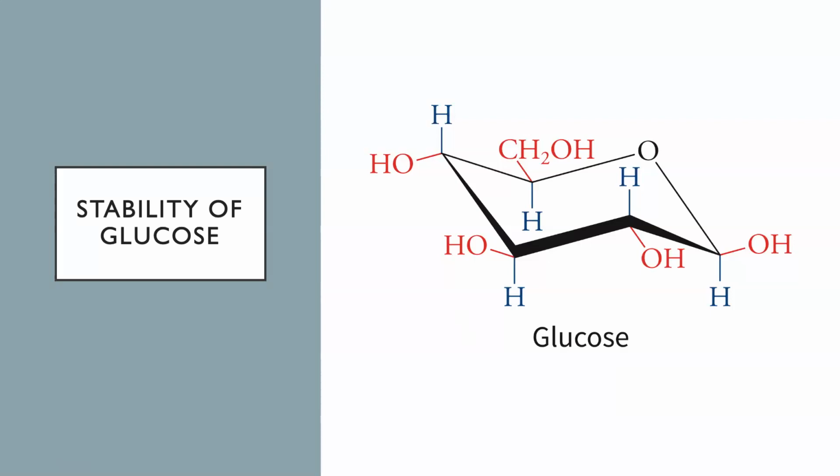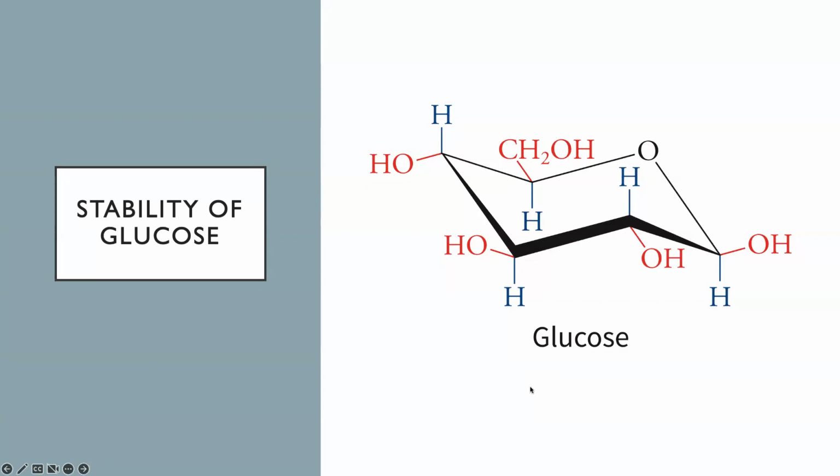Glucose can adopt a chair conformation, and that's when all of its bulky ring substituents, these red groups, are going to be occupying equatorial positions, and that's going to minimize the repulsions between neighboring groups. So it's going to help keep these away from each other.